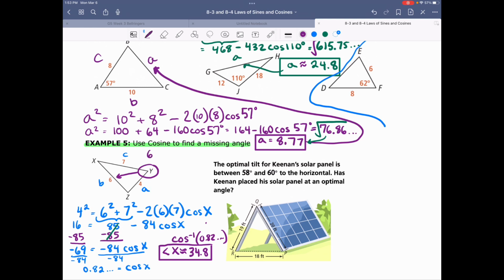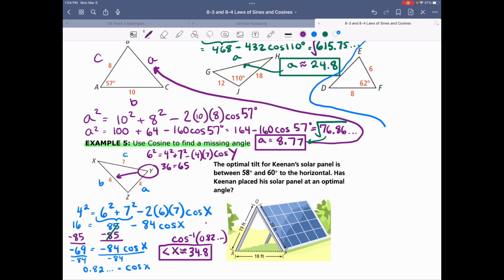So we're going to do 6 squared is equal to the other two, 4 squared plus 7 squared minus 4 times 7 cosine, and we're looking for y. All right, so 36, because 6 squared. 4 squared plus 7 squared is 65.